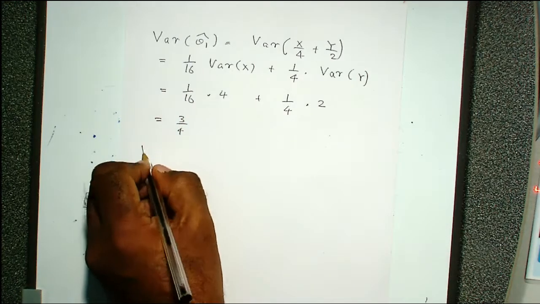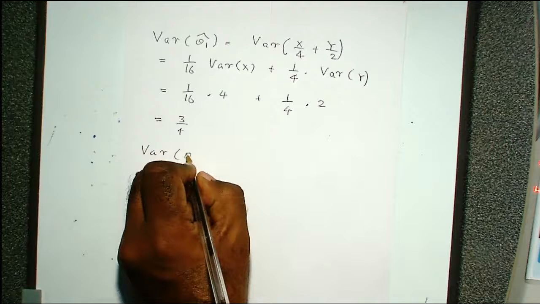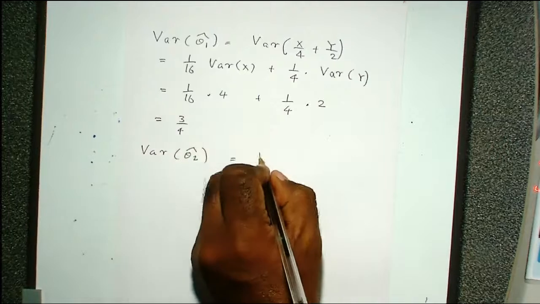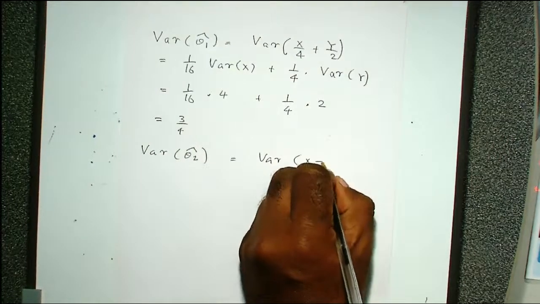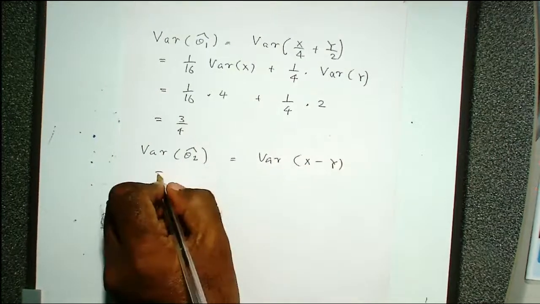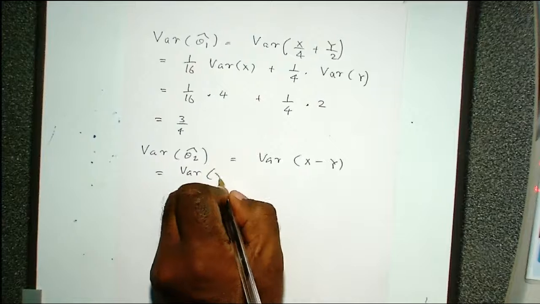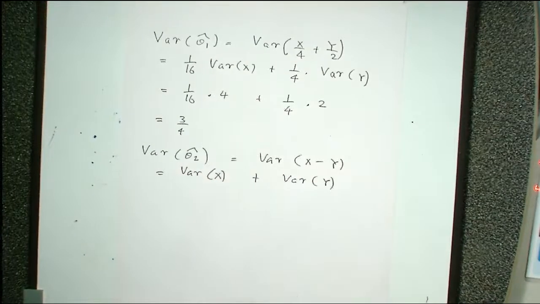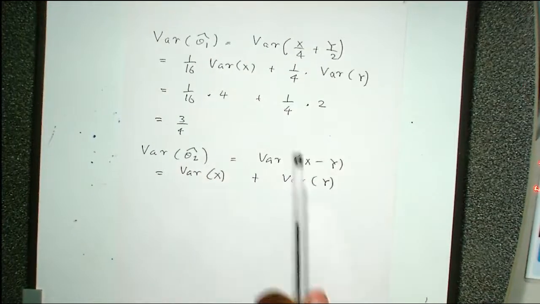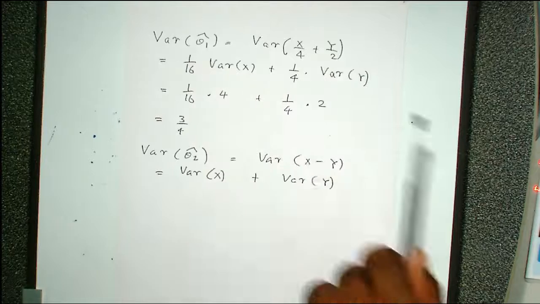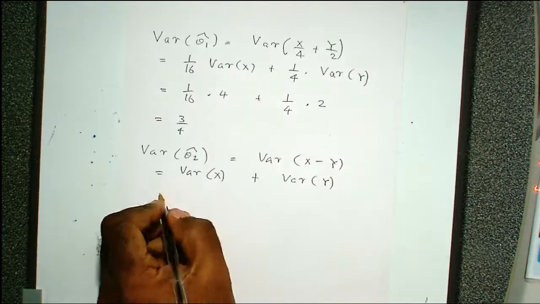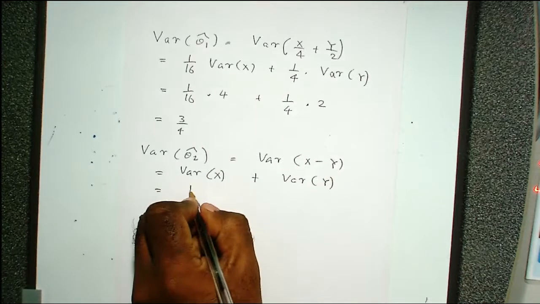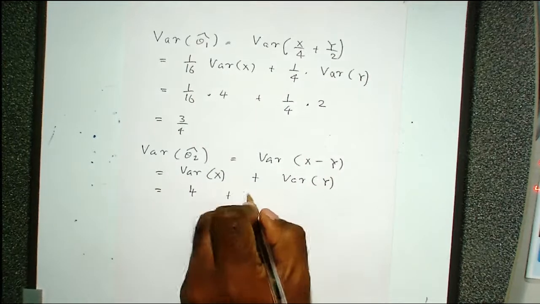And similarly, the variance of theta 2 hat is the variance of X minus Y, which is the variance of X plus the variance of Y, because of independence. Remember, I've used independence to get from this to this. The variance is 4 plus 2, which is 6.